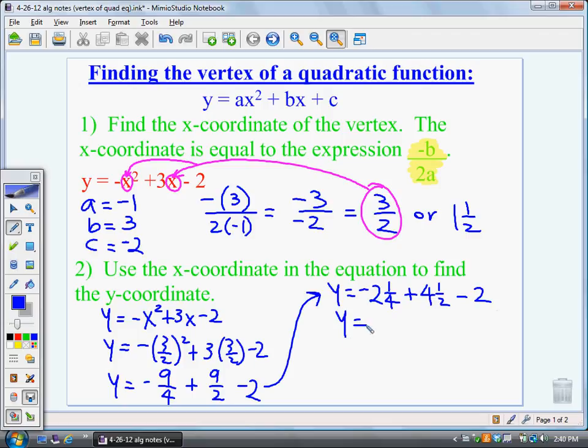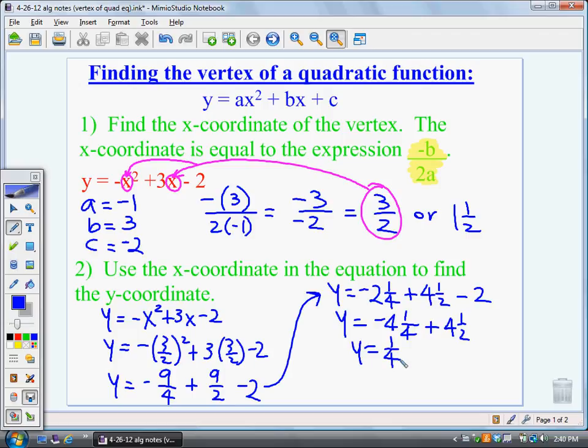And so if we add all that up, you get negative 4 1/4 plus 4 1/2. And we find out that y is equal to 1/4.